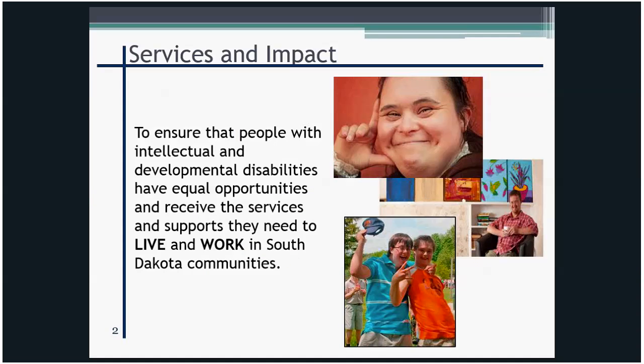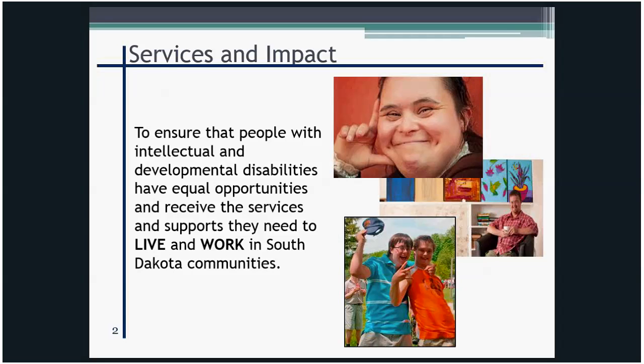On the next slide here is the Division of DD's mission statement, which is to ensure that people with intellectual and developmental disabilities have equal opportunities and receive the services and supports they need to live and work in South Dakota communities. And so I'll spend a little bit of time talking about our programs aimed to achieve our mission.